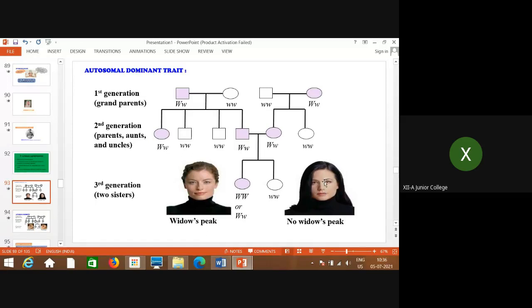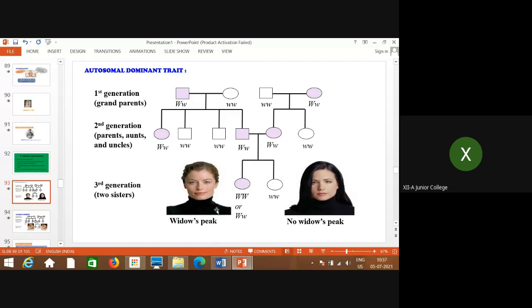That is the normal. When this character is expressed, this is the example of a dominant trait. Only when both the genes are in the homozygous dominant condition or heterozygous condition, then only this character, widow's peak, is observed.